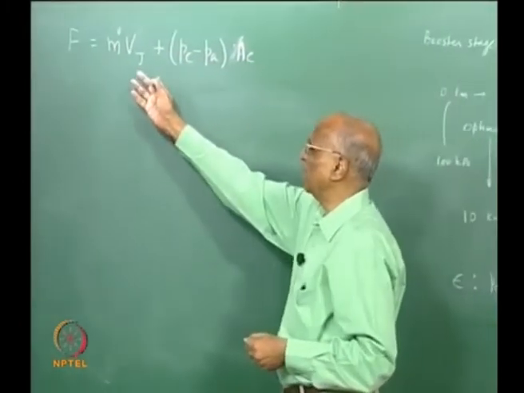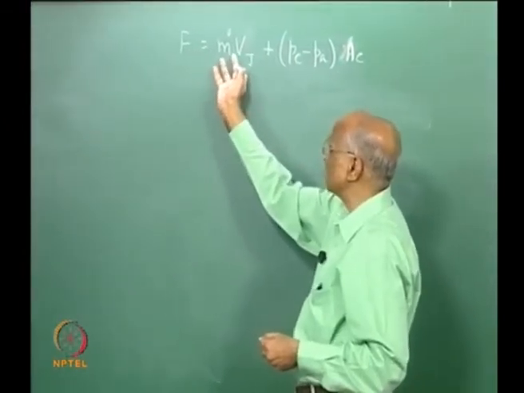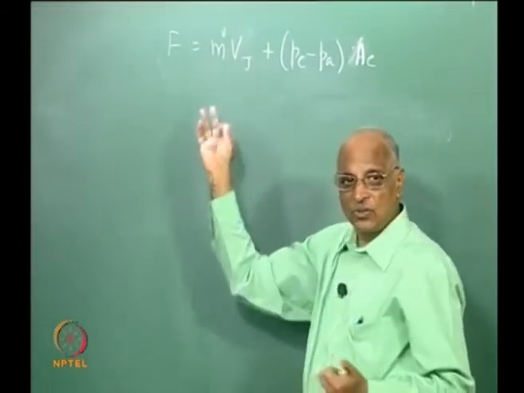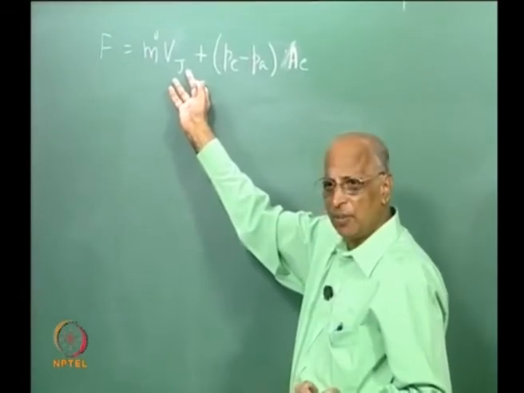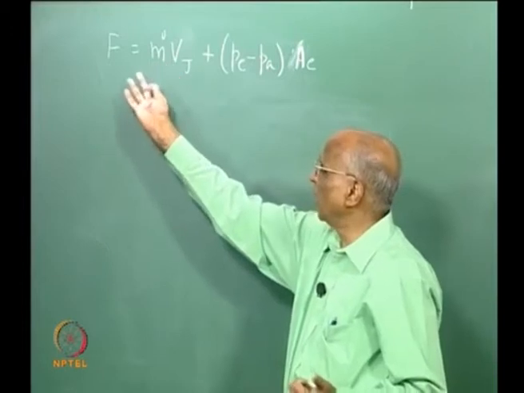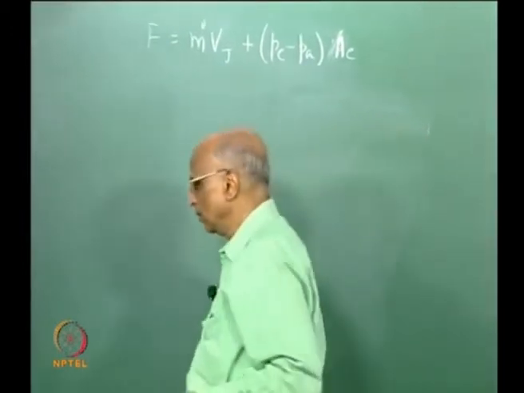I want to get the thrust developed by a rocket, therefore I need the expression for m dot Vj, which we have already derived: 2 gamma over gamma minus 1 RTC into 1 minus PE by PC to the power gamma minus 1 over gamma. Therefore if I can derive an expression for m dot, I can find out the force which a rocket develops. Let us do that.